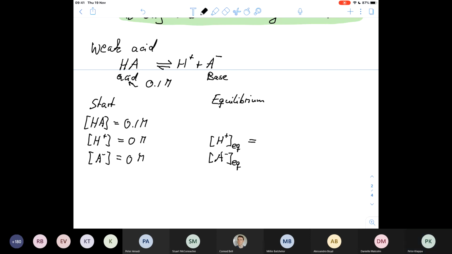Well, we don't really know. Let's call it X. We don't know how much this acid actually dissociated. But what we do know is that the A minus is the same number, because for each proton that we produce, we get the same number of A minus. So we also get an X here, right?